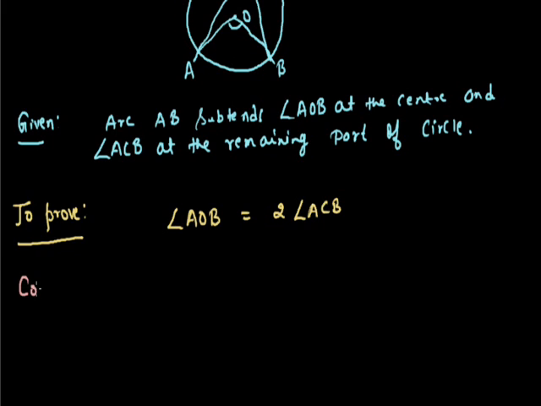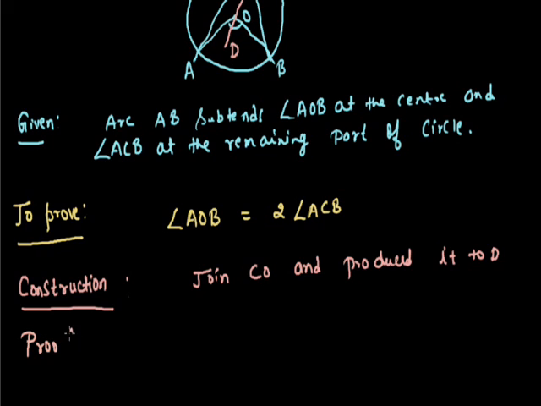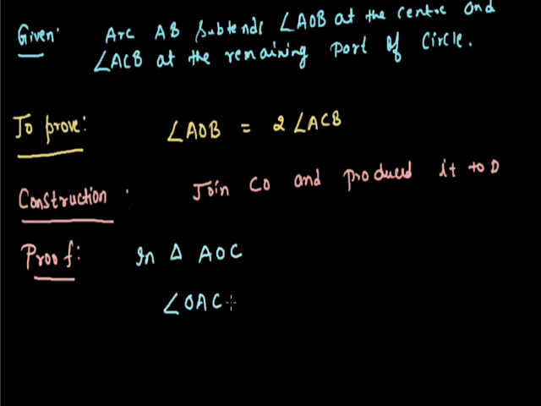Construction: join CO and produce it to D, like this. Proof: in triangle AOC, angle OAC is equal to angle OCA because OA equals OC, radius.